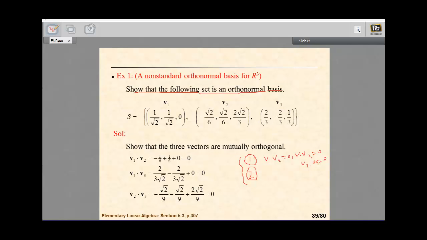And for normal, we have to show that norm of v1 is equal to 1, and similarly norm of v2 is equal to 1, and norm of v3 is equal to 1.